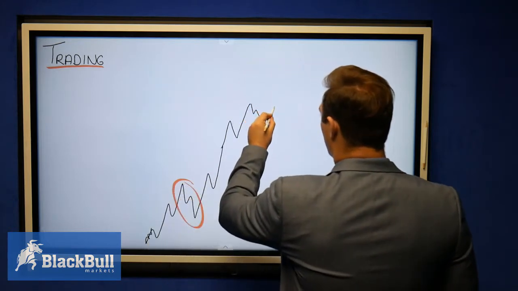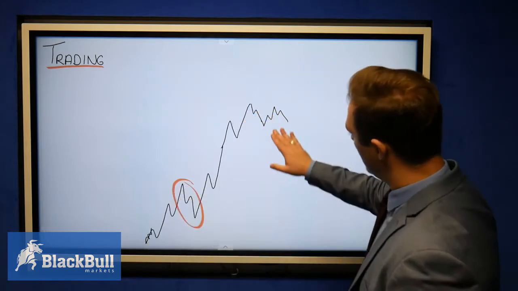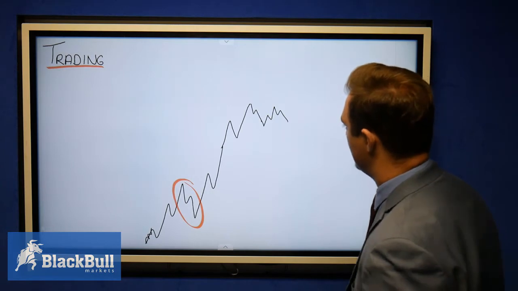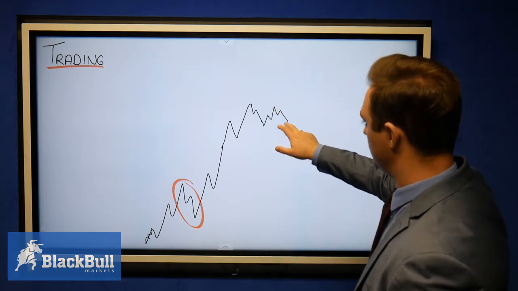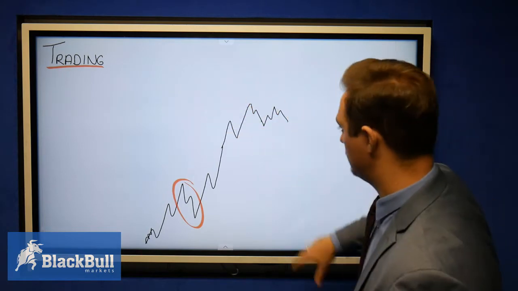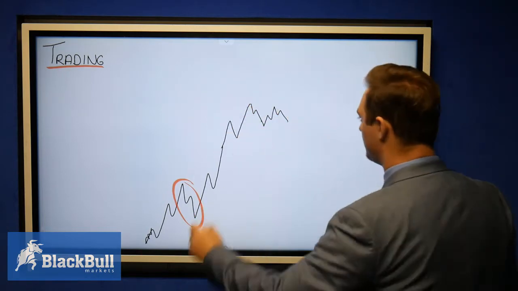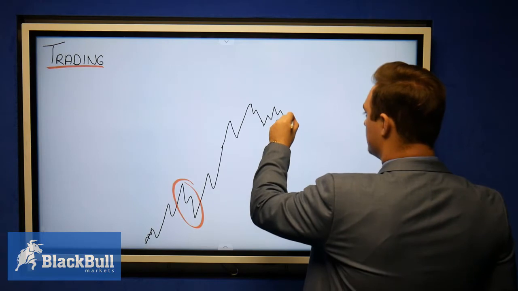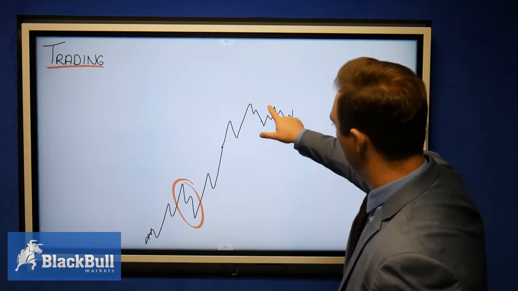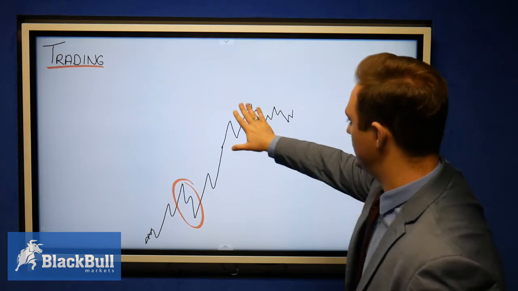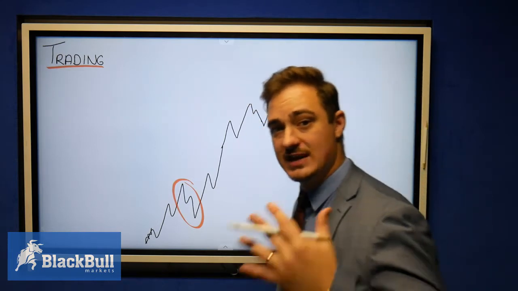Now we see 1, 2, 3 to the downside, and we think, okay, something's happening here. Let's have a look. We're not going to take any trades yet, because this could still play out as 1, 2, 3, 4, 5 and finish as a flat corrective. So what we want to see is a 3-wave structure to the upside. 1, 2, 3. Now we don't have to worry about finishing that one off, because we know we've got 3, 3, 3, which means we already have the setup of a triangle.